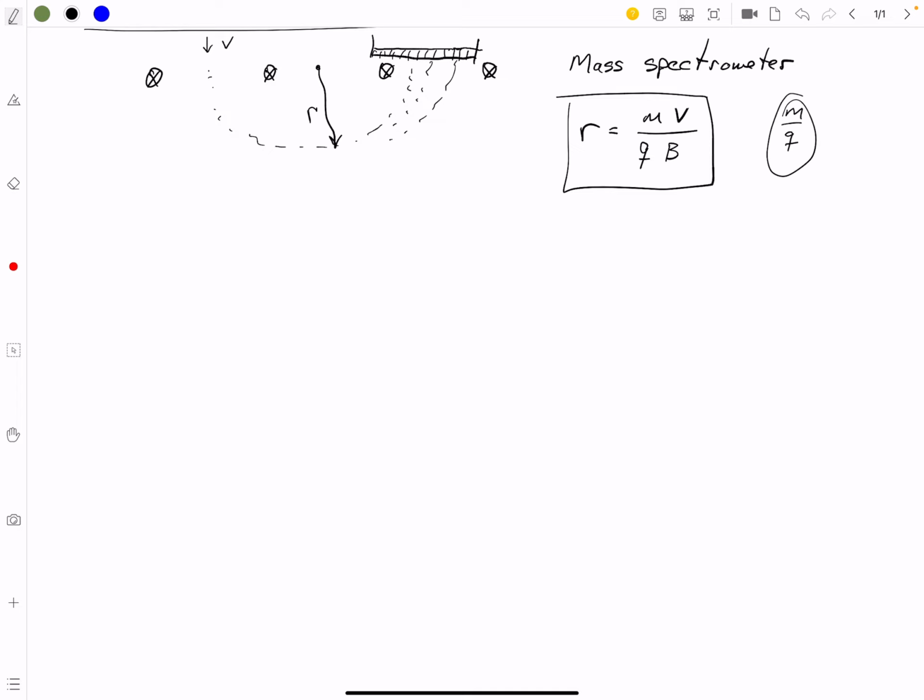That's a good ratio that everybody wants to know for different items, protons, electrons, all that. Always interesting. So the mass spectrometer, very interesting device.